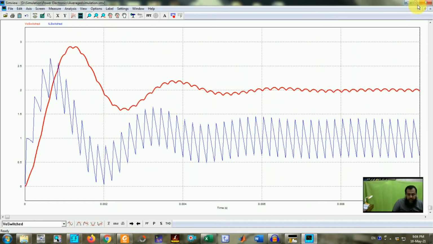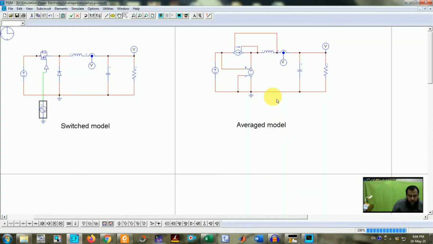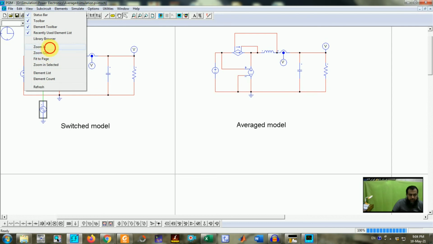Now let me introduce you to the average model. Regarding the lecture that I have just given, I have shown you that we require a dependent current source as well as a dependent voltage source alongside the inductor, the capacitor, the resistance and the input voltage source. So here we have the input voltage source. Let me zoom in a little bit.